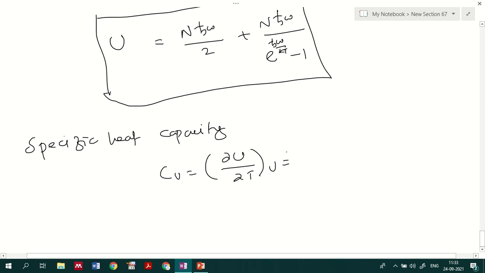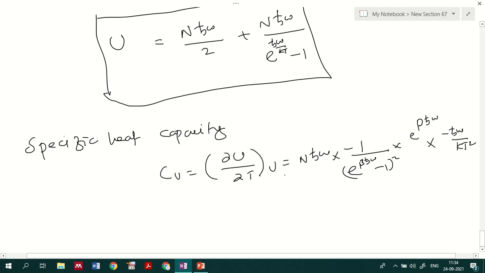The first term, Nħω/2, is constant, so it will go to 0. Then we have to evaluate Nħω by e^(ħω/kT) minus 1. If you evaluate that, you will get Nħω into minus 1 by (e^(βħω) minus 1) square, into e^(βħω), into minus ħω by kT square. Because here β means it is 1 by kT, right?